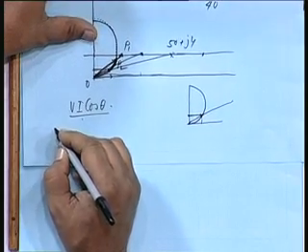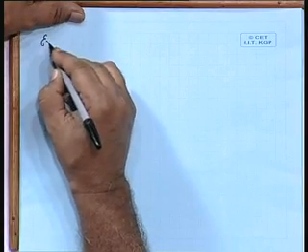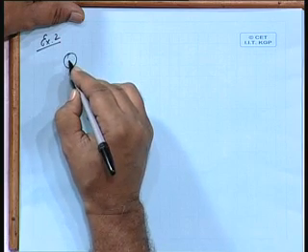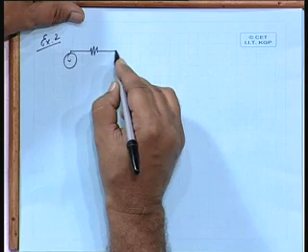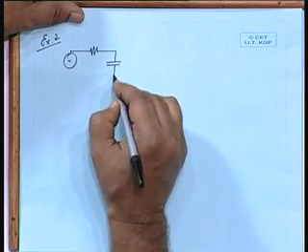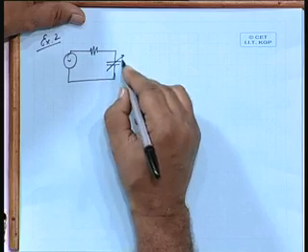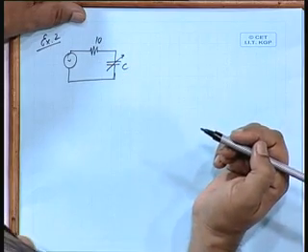Let us take another example. We have a resistance and a capacitance. This capacitance is varied, this resistance is fixed.